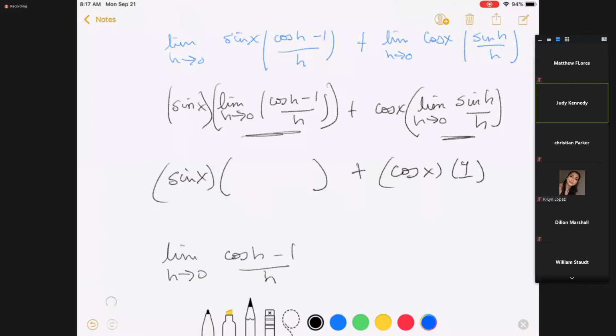I'm going to use this conjugate trick, just using it on something besides a square root.